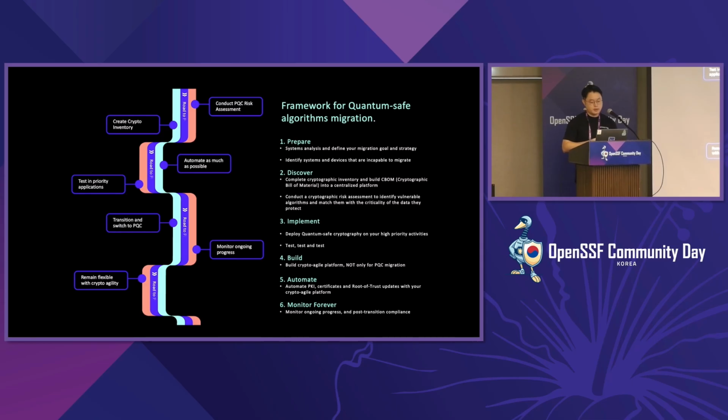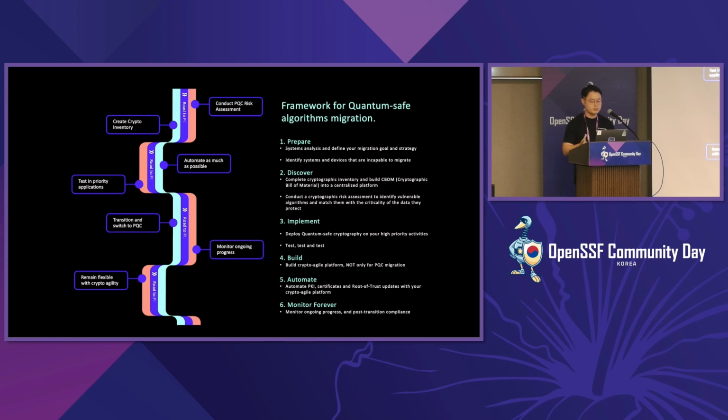So if I put into a framework how we can manage this migration process, there are 6 major steps. Number 1 is to prepare to have full visibility of all your cryptographic assets in your operating system, libraries, applications, key stores, everywhere.